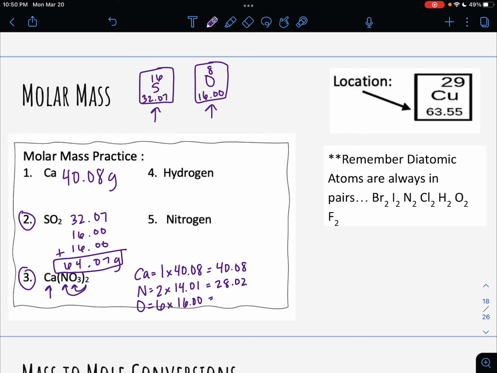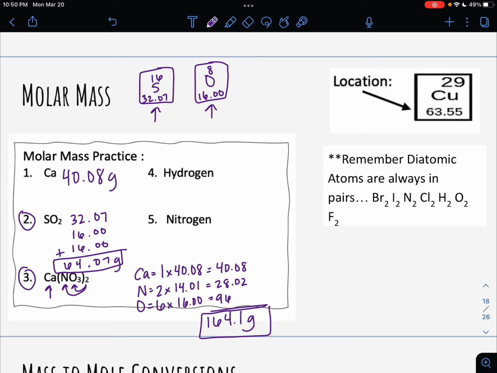You do not have to write out all of this. You can probably type all this in your calculator at one time and add it all up. But I'm just showing you my thought process here. So we're just adding things up.